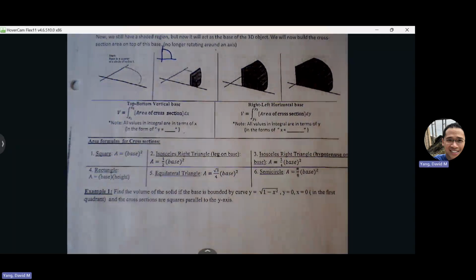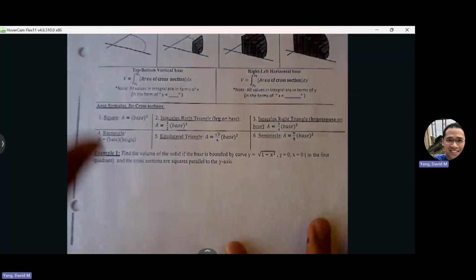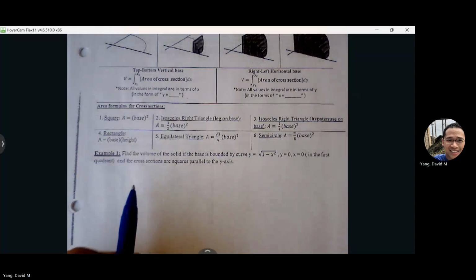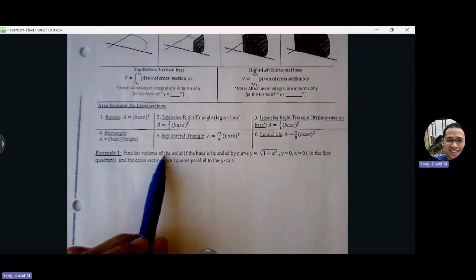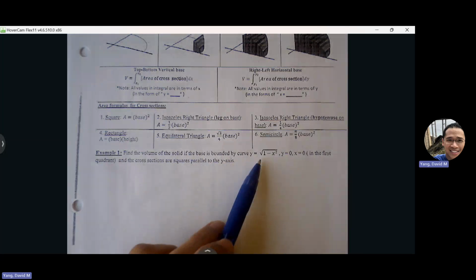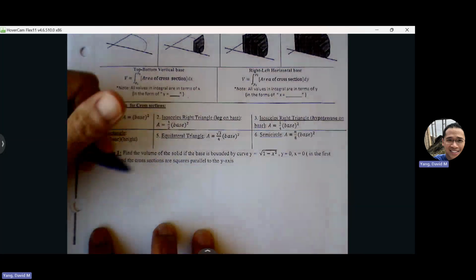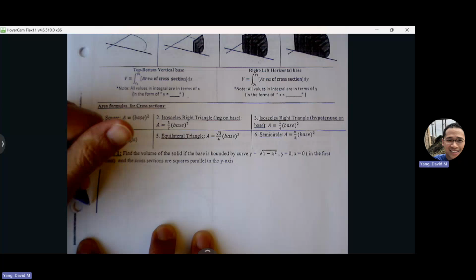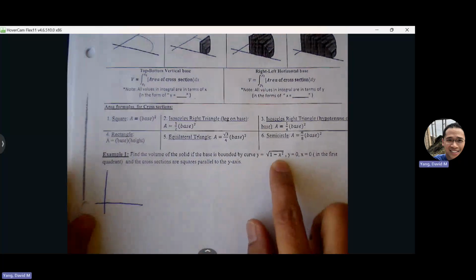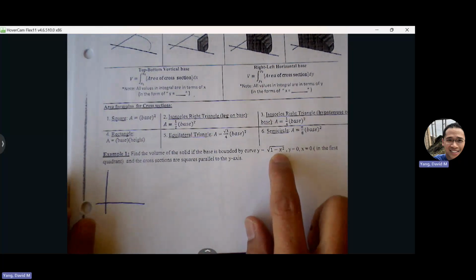So example one, find the volume of the solid of the base bounded by the curve y equals square root of 1 minus x squared. That's just, if you put it in the calculator, going to end up being a quarter circle.